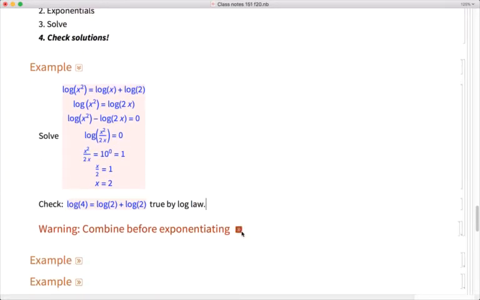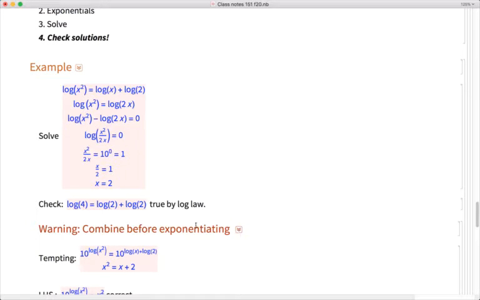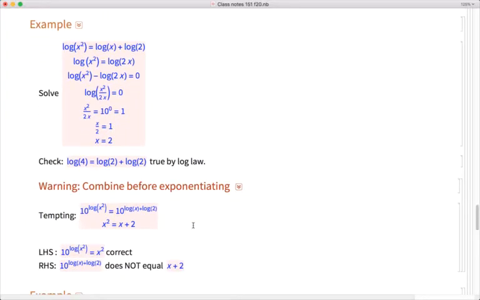Okay, so there's a warning on this. This is a temptation I've seen students succumb to quite often, and you have to resist. There's this temptation to take 10 raised to both sides right out of the gate. You see logs on this side, logs on this side, and your temptation is, okay, I'm going to exponentiate both sides. And that's correct.